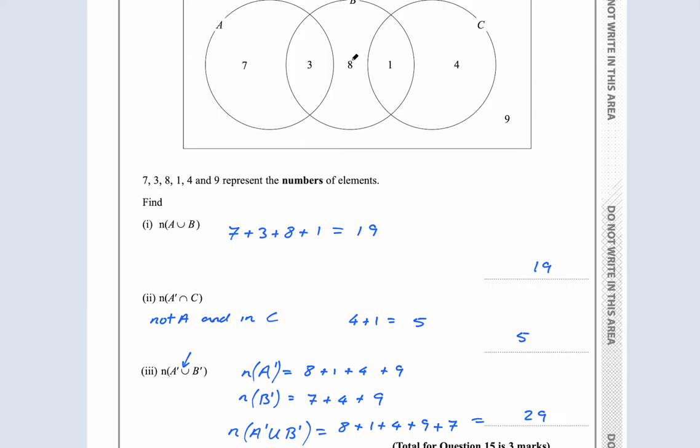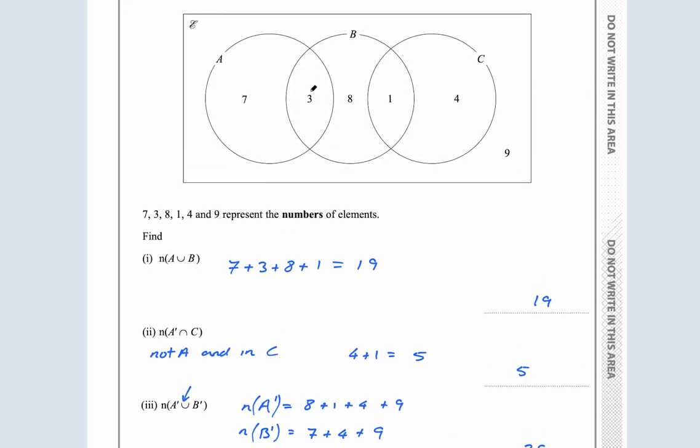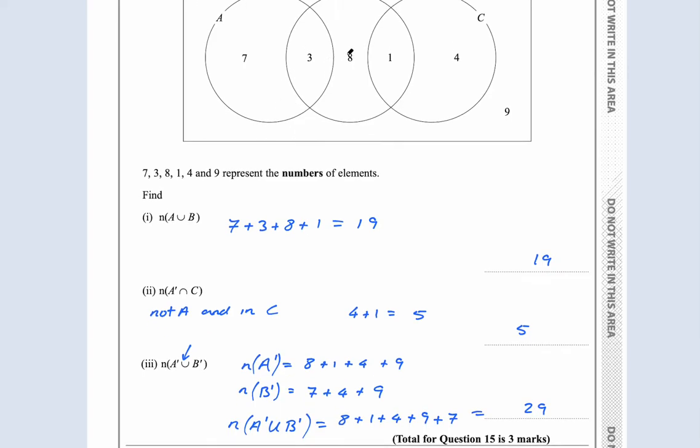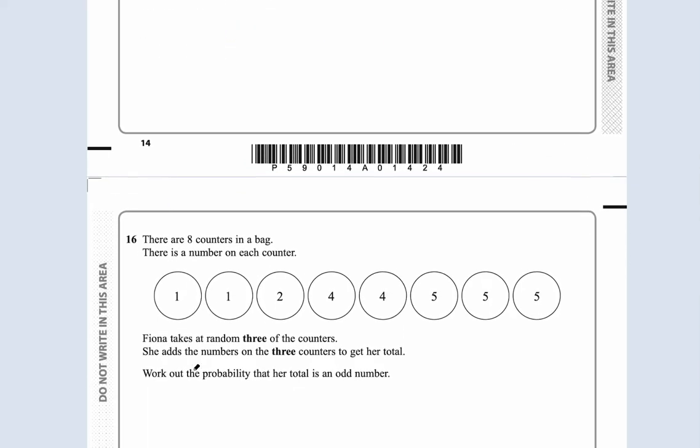This guy is not in A, so I have to include it. In fact, the only thing that I'm not including in this whole question is this 3. So it's actually just 7 plus 8 plus 1 plus 4 plus 9. Okay, anyway, hopefully that makes sense, guys. I know that that last one always causes problems.